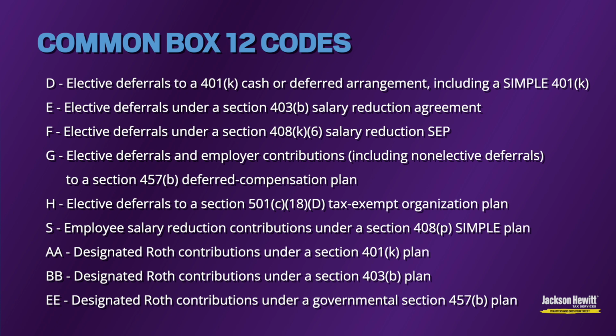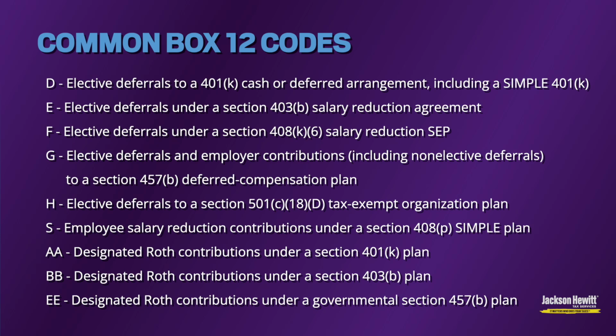E, represents 403b contributions and are elective deferrals made under a 403b salary reduction agreement. F represents 408k6 contributions and are elective deferrals made under a SARSEP program. G represents 457b contributions and are elective and non-elective deferrals made to a 457b deferred compensation plan.